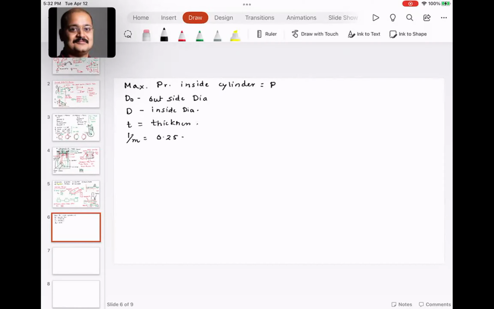So what you do is you calculate something called the apparent longitudinal stress, and that is pi by 4 D squared p, which is the force on the piston, divided by the area. If this is the diameter and you know the maximum pressure, then you know the maximum force.